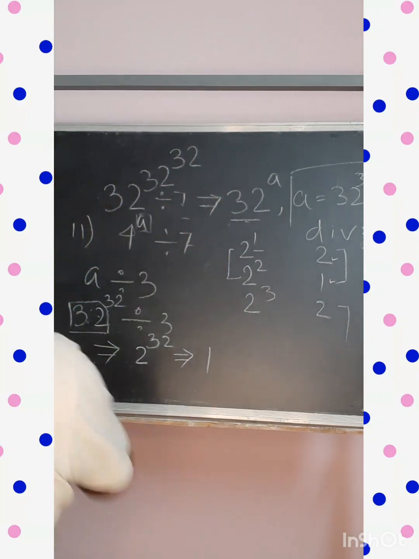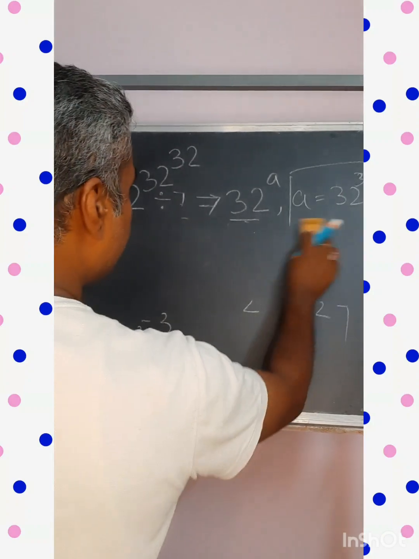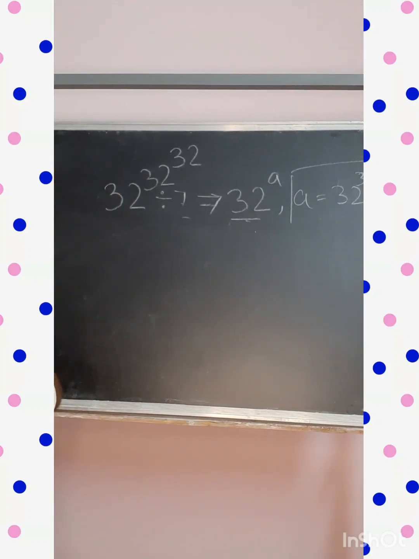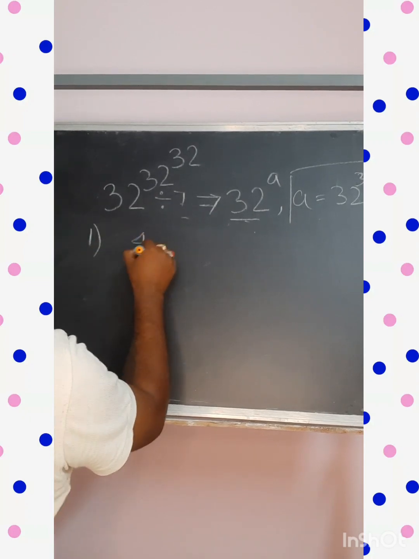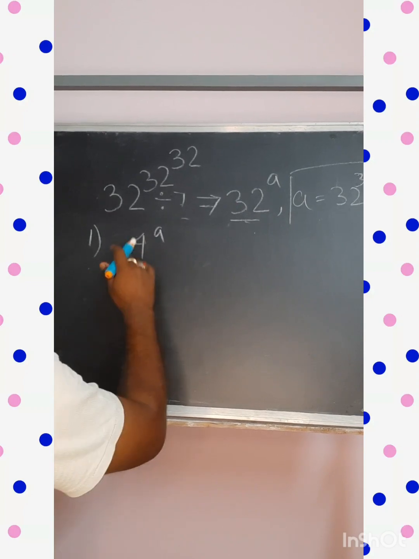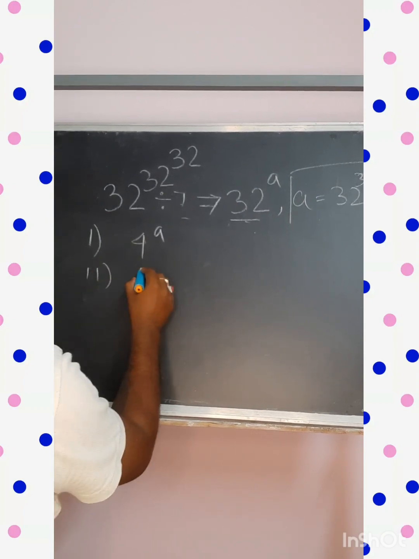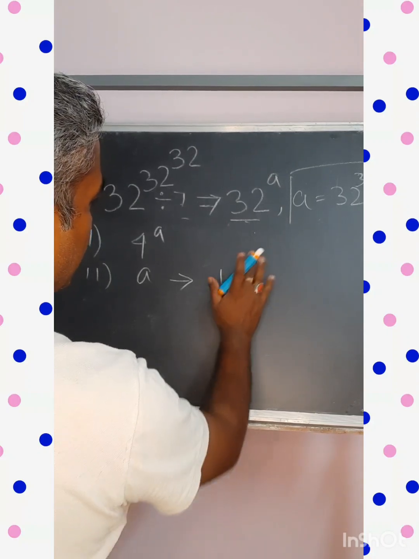So ultimately, if I follow the third step of that, so the third step brings to the first step, where I have ended with 4 to the power A as the highest power. So now the second step, I find that the A will land up with a remainder 1 ultimately.